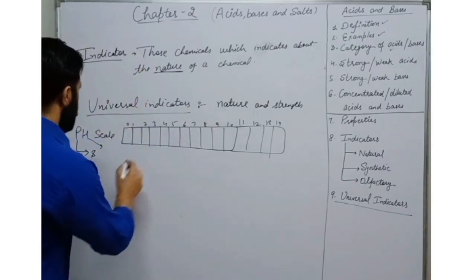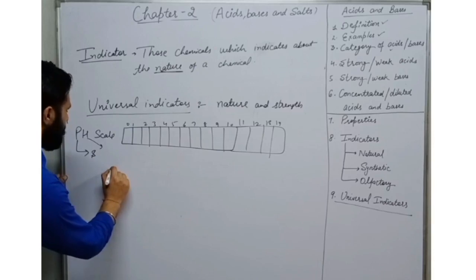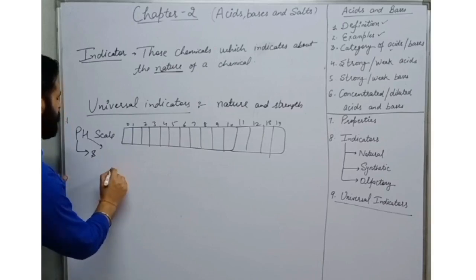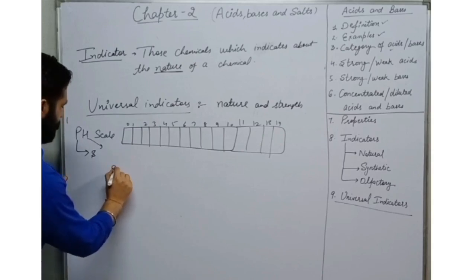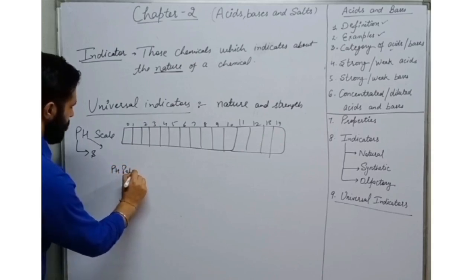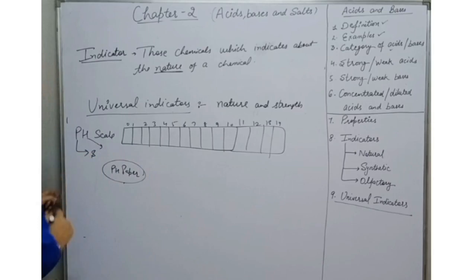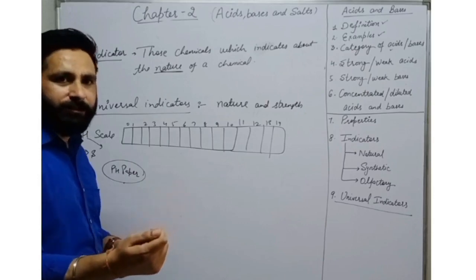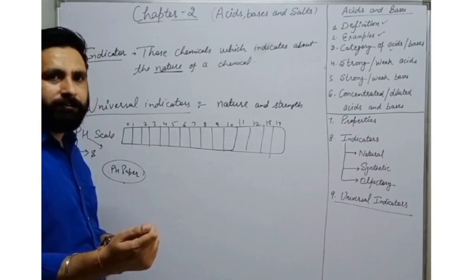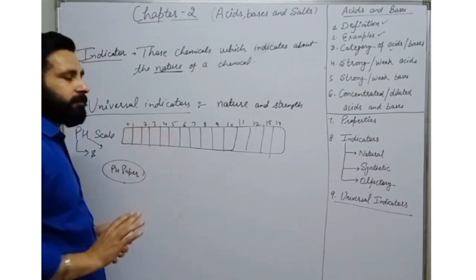So beta, there a universal indicator is also there. It is, you can say, a pH paper. pH paper is there. When you dip it in a chemical, its color changes. This scale is different.